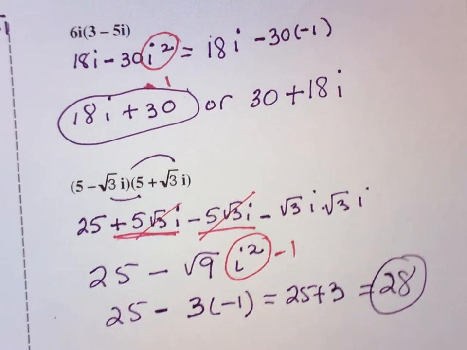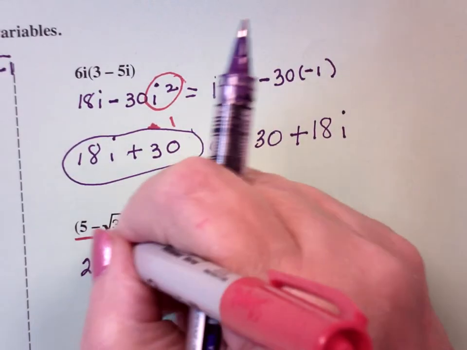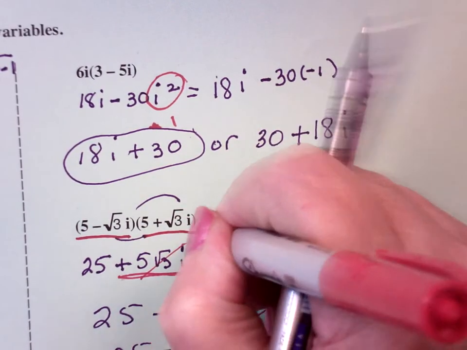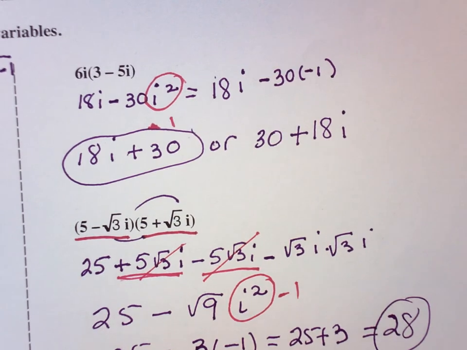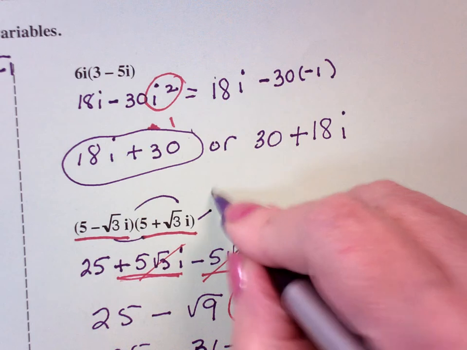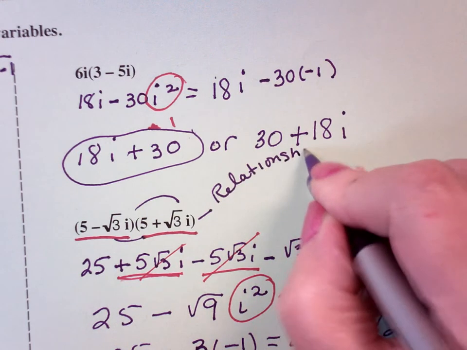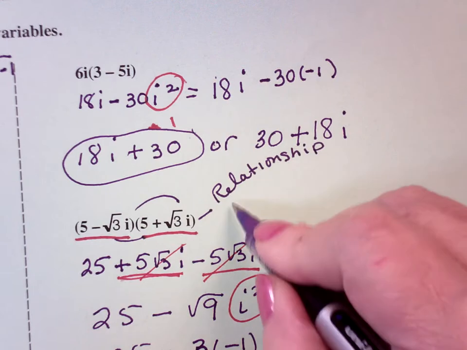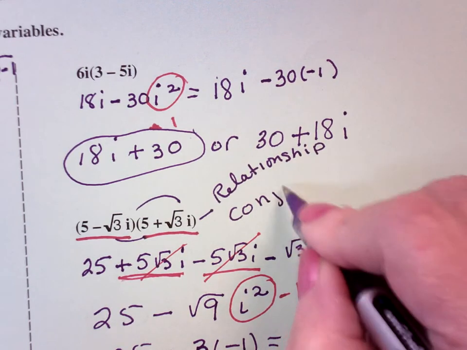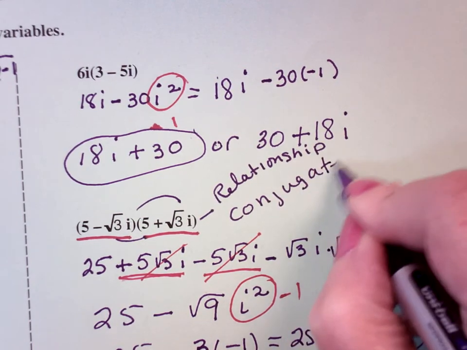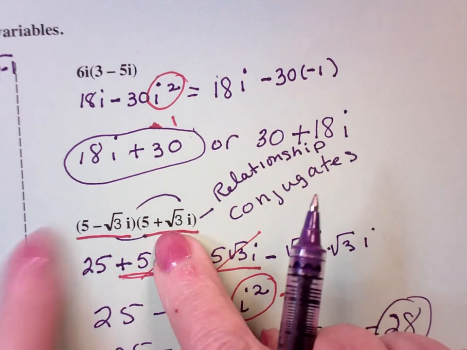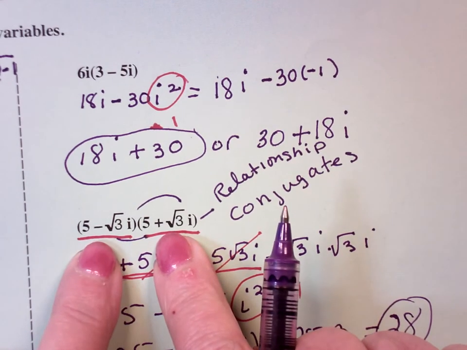Now, I want you to take a look at these two things right here. What's the relationship between those two sets of parentheses? They're conjugates. Good job. They're identical except for the sign in the middle.